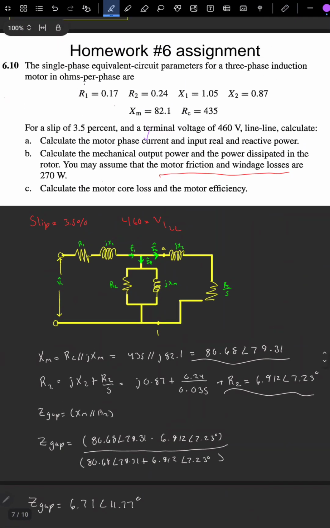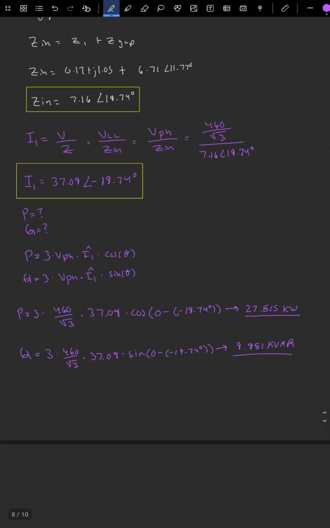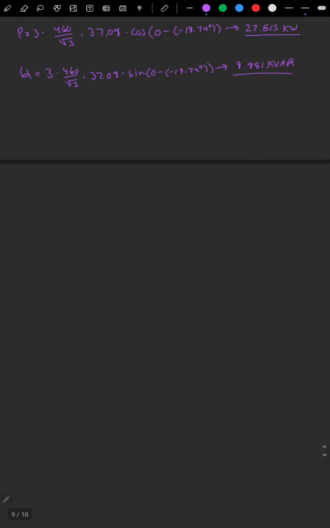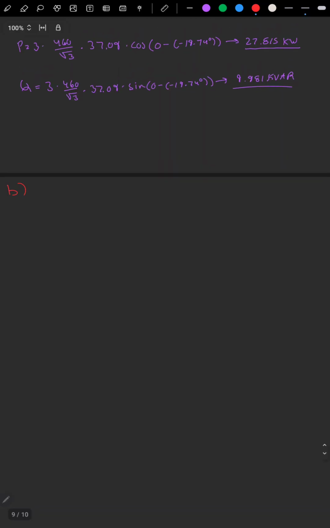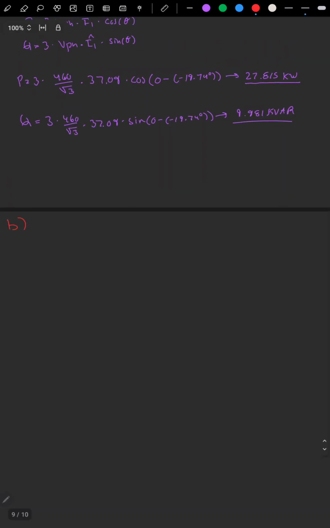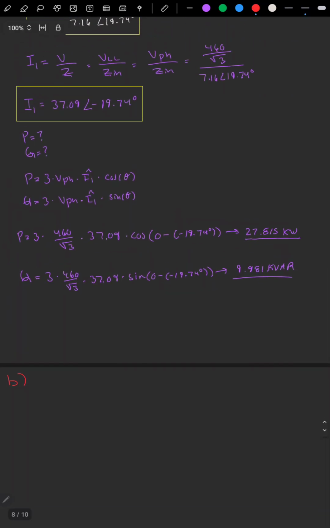So what's part B asking for? Calculate the mechanical output power and the power dissipated in the rotor. You may assume that the motor friction and windage losses are 270 watts. Okay. Pretty straightforward. So, what's it asking for first? Mechanical power.